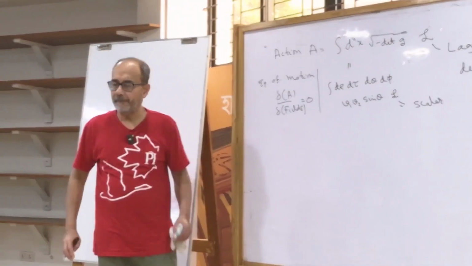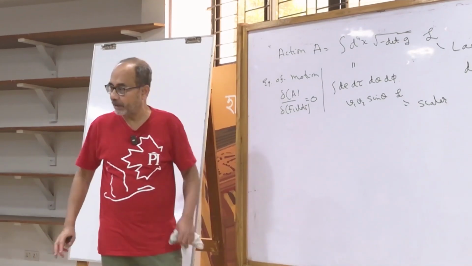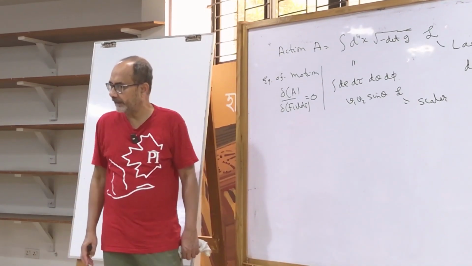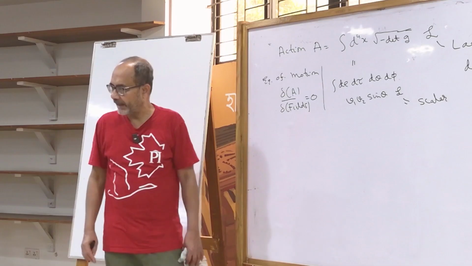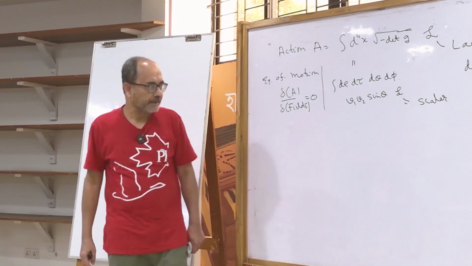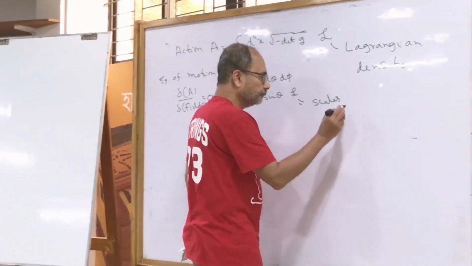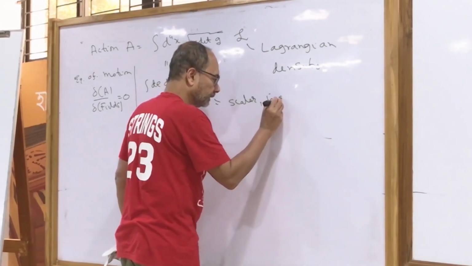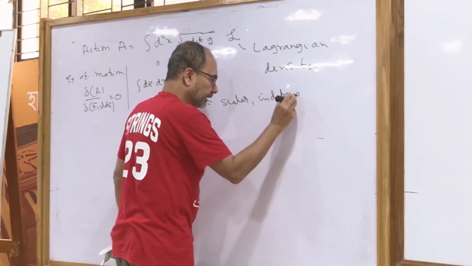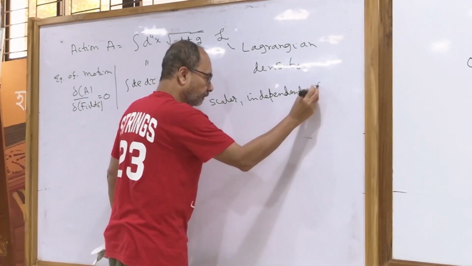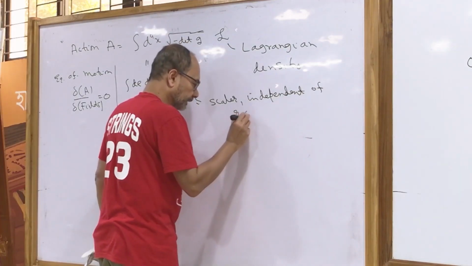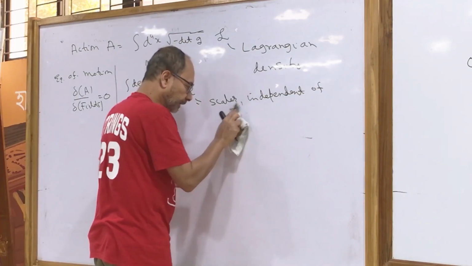Okay. So this is independent of any of the coordinates, right? The same argument that we gave earlier, right? So when you evaluate the Lagrangian density for the background for the fields that you have chosen, this is independent of theta, phi and rho, tau.